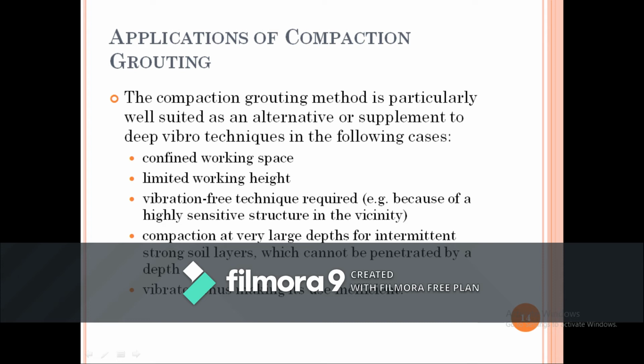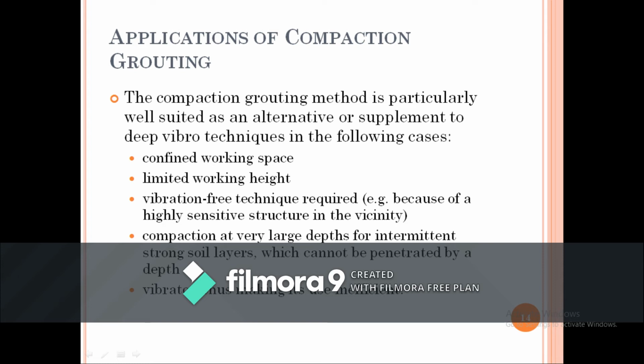Not only that, whenever you have limited working height, in those places also we can use it. Next, vibration-free techniques are required because there are some materials or sensitive buildings nearby.